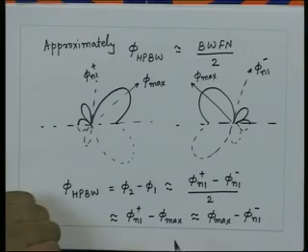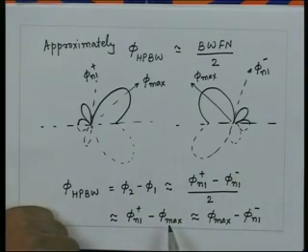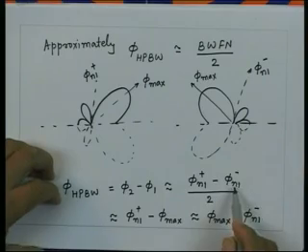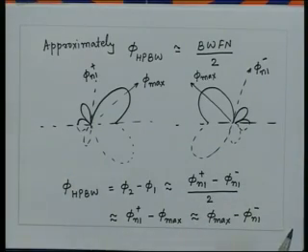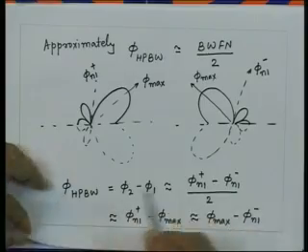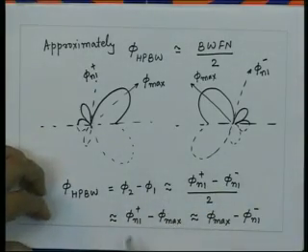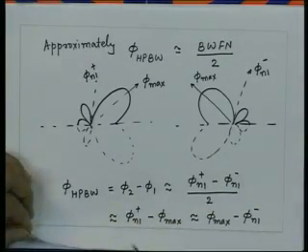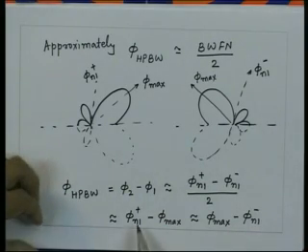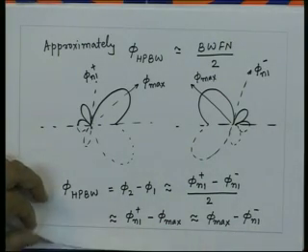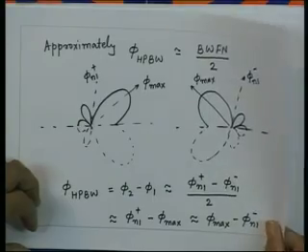If both the nulls are visible, then I can calculate these two directions, and phi n1 plus minus phi n1 minus divided by 2 will give me approximately the half power beam width. Let us take one of the cases. Let us consider that I use this expression, and I have a situation something like this, and that gives me approximately the half power beam width.